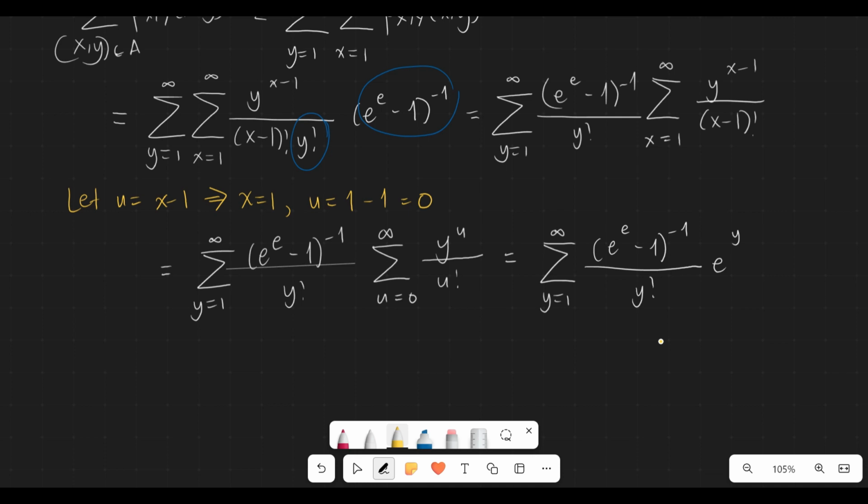However, note that e raised to e minus 1, that quantity raised to negative 1 is just a constant with respect to y. So we can factor it out of the summation, and our summation now becomes quantity e raised to e minus 1, that quantity raised to negative 1 times the summation, where y is from 1 up to infinity, of e raised to y over y factorial.